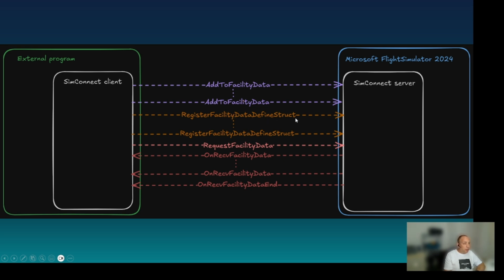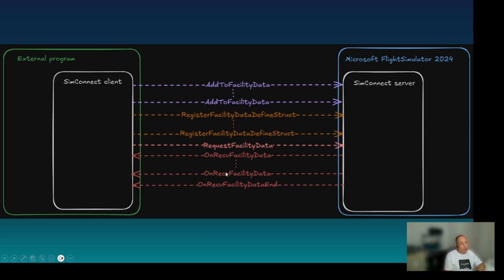Then you call register facility data define struct. There might be multiple calls for this. In our case, there's going to be one for the airport and one for the runways. Again, you'll see in the code. And then you send a request to get the actual data. And the simulator will start sending you on receive facility data events.